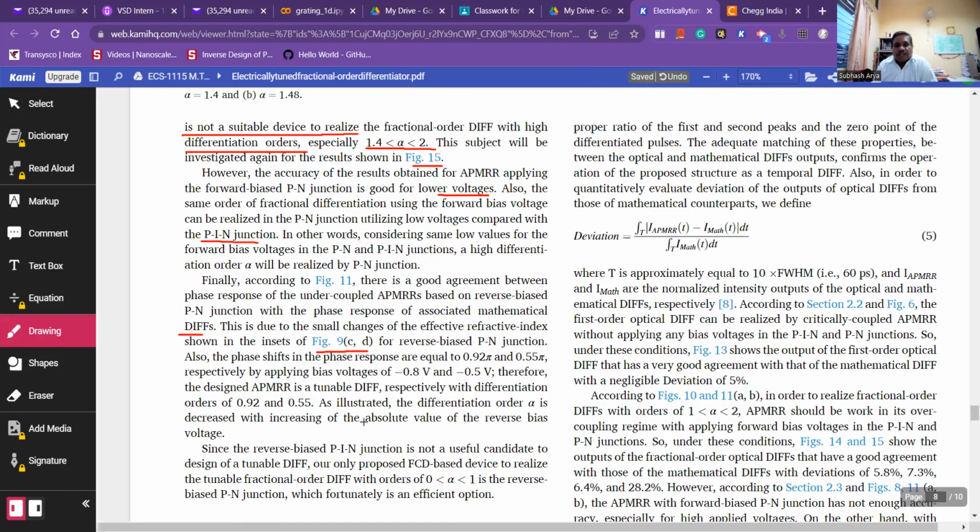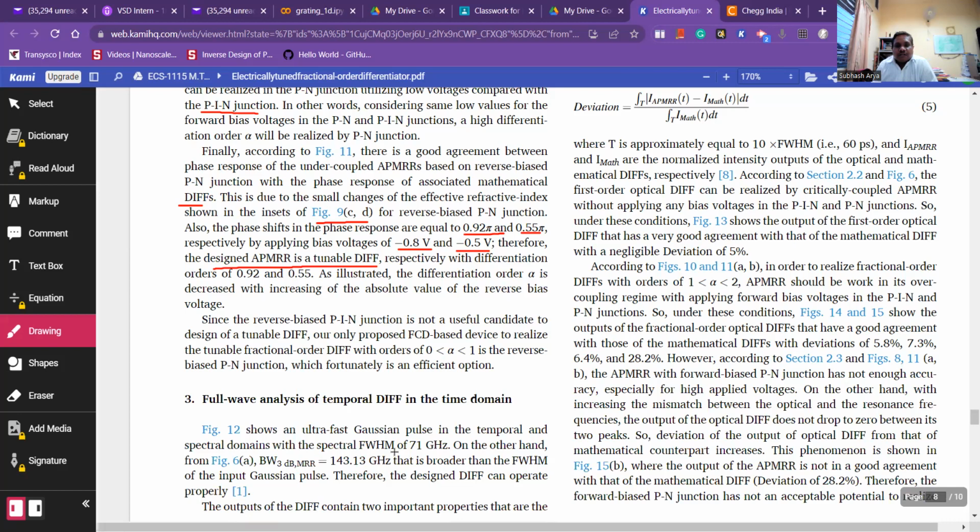Also, the phase shifts in the phase responses are equal to 0.95 pi and 0.55 pi respectively by applying bias voltages of -8 volt and -0.5 volt. Therefore, the designed APMRR is a tunable differentiator with differentiation orders of 0.92 and 0.55. As illustrated, the differentiation order alpha is increased with increasing of the absolute value of the reverse bias voltage.